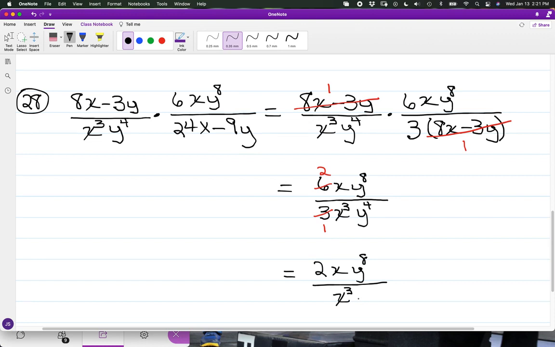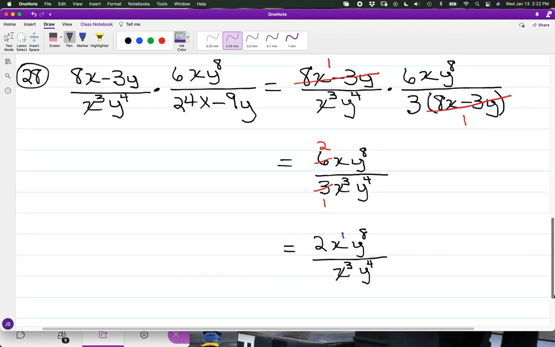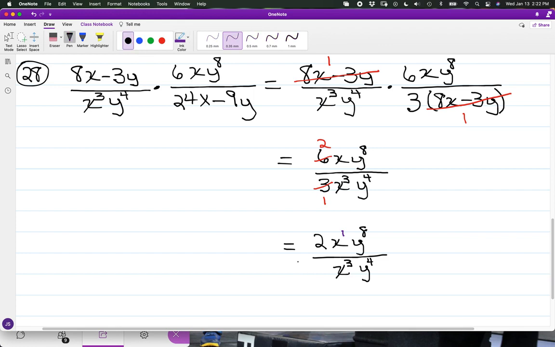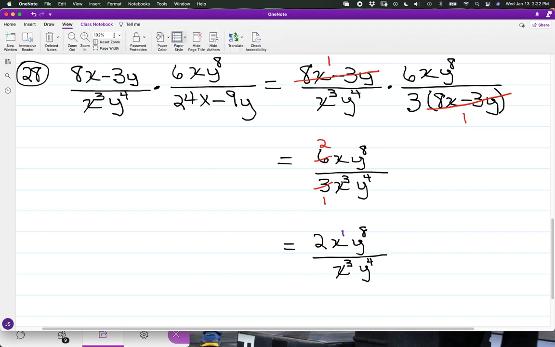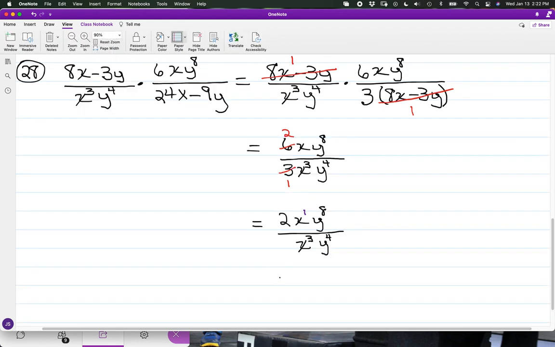all over x cubed y to the fourth. Now for what we have here, you have 2, x to the first, times y to the 8th, all over x cubed y to the fourth. And in terms of reducing, for x, the higher degree is in the denominator.